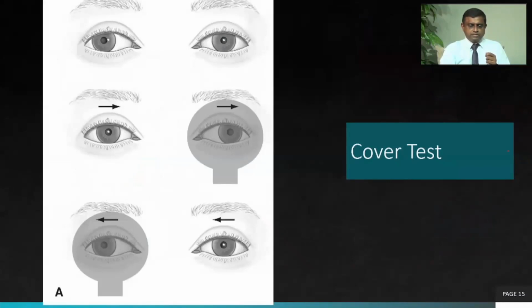If you see one eye straight and one eye deviating, you hold a cover, maybe a piece of paper, maybe your own hand, or maybe you can use the parent's hand, to cover the eye which is fixing, the eye which is straight, and you will see the movement of the other eye. So that is called the cover test. That confirms that there is a squint. So if you are in doubt, you can do the cover test, which is a very simple test you can do in your clinic.